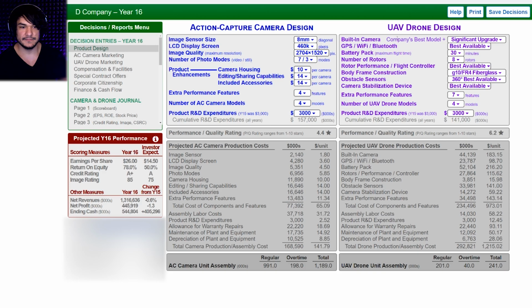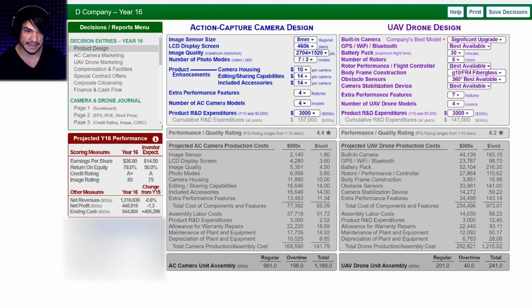Now, what worked for me might not necessarily work for you because you're competing against different teams and individuals with different strategies, so you have to adjust. You can see you have your image sensor size, LCD display, image quality, and so on.